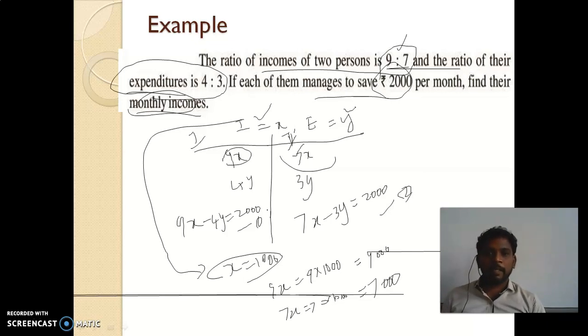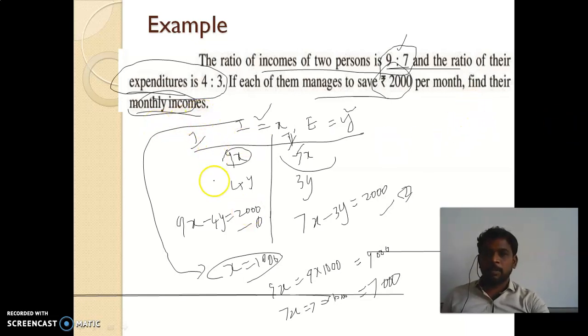While you are writing the word problem, you should introduce the variables. Let the income of the person equal to x and the expenditure of the person equal to y. So according to the first information we have. Likewise you should write the necessary steps. And at last, in the final stage also, you should complete your problem with the necessary steps. Here they are asking to find the monthly income.